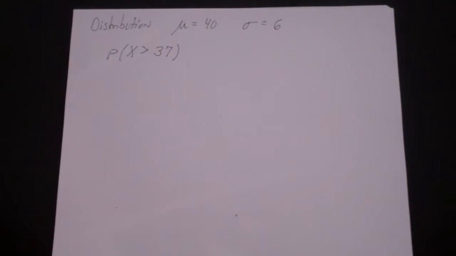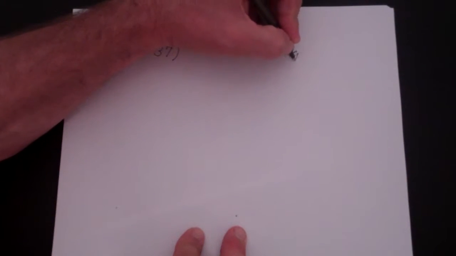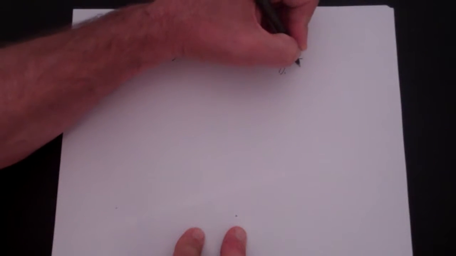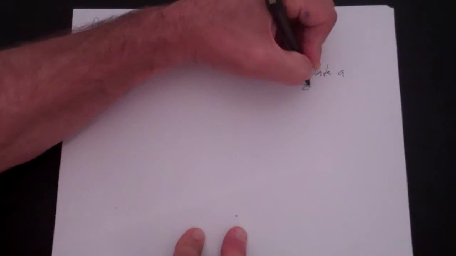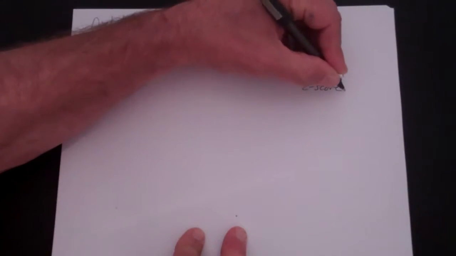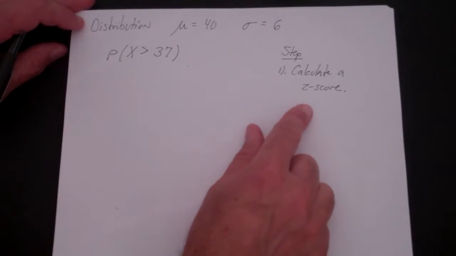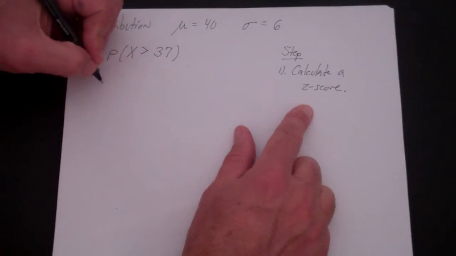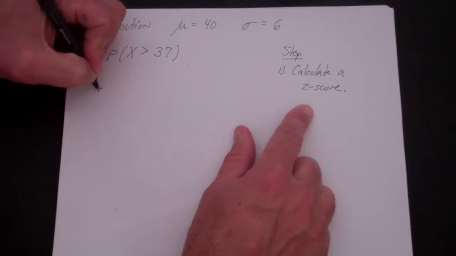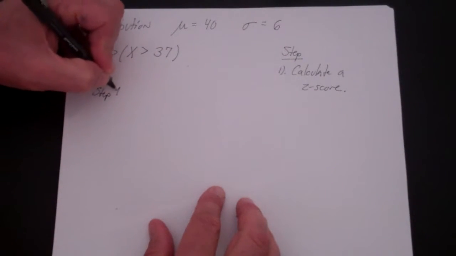Now, the first step is we want to calculate a z-score. If you still have trouble with that, you can look at a video on how to calculate a z-score. This is step 1.